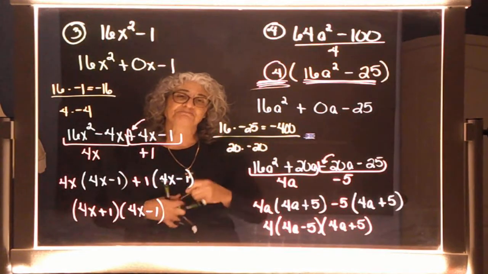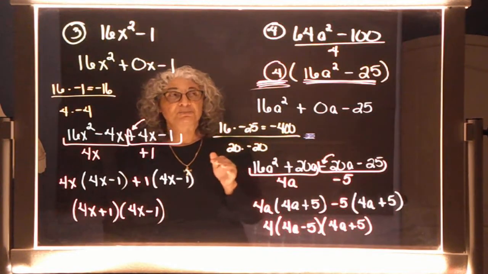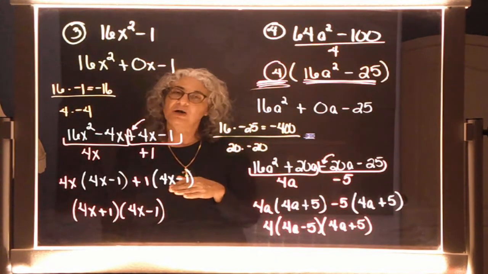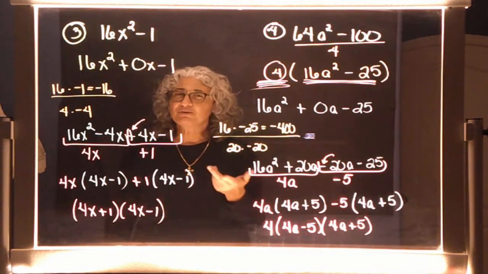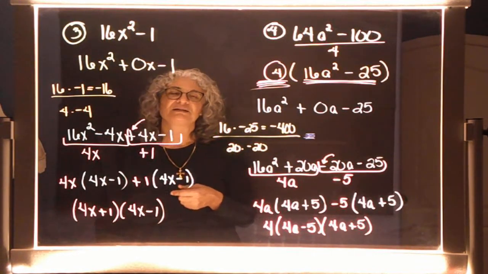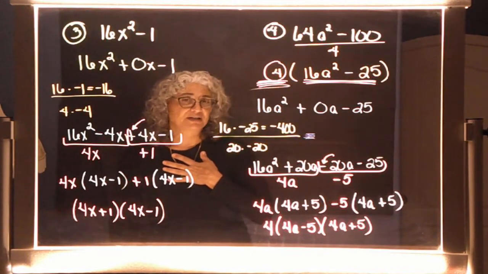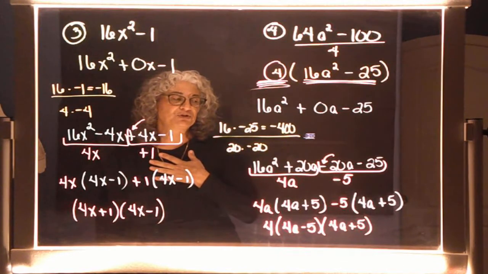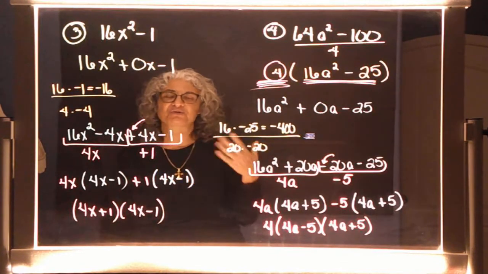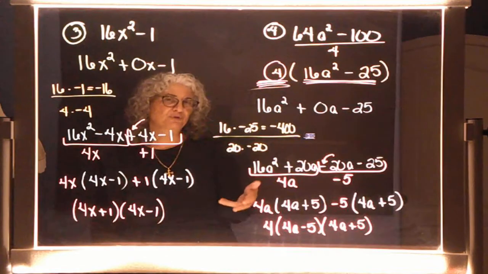All right. Now, I'm going to tell you, the authors of the book will approach these last two problems a little differently. They'll give you a formula to go by, and it's kind of like a shortcut. Now, here's the deal. I personally don't like showing shortcuts because sometimes people mess them up because they don't know where they're coming from, so they don't really understand the shortcut or the formula.